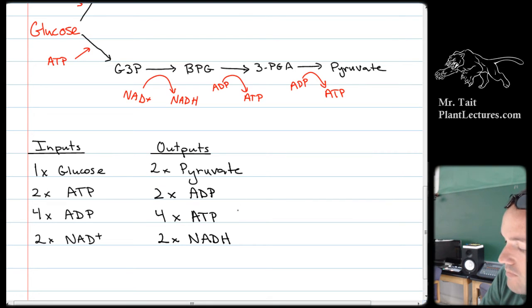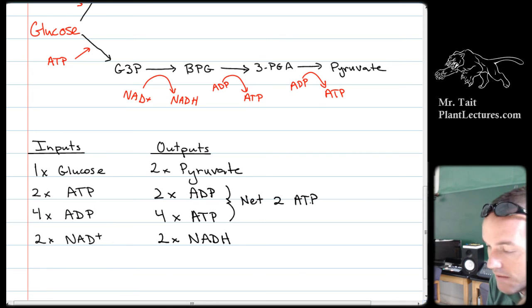Right? So net here, from the ATP standpoint, we net 2 ATP. Okay, and that's the only place that ATP is going to come from in this process.